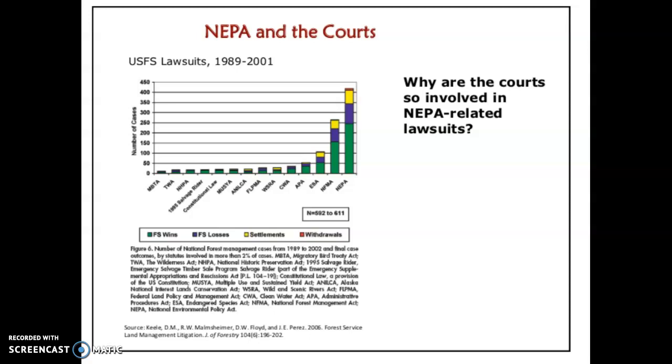And so you can see that NEPA is highly litigated, and I've heard people who are doing NEPA sometimes feel a lot of pressure that the analysis they need to do needs to be litigation proof. So they have this fear a lot of times that's associated with them doing any type of analysis.